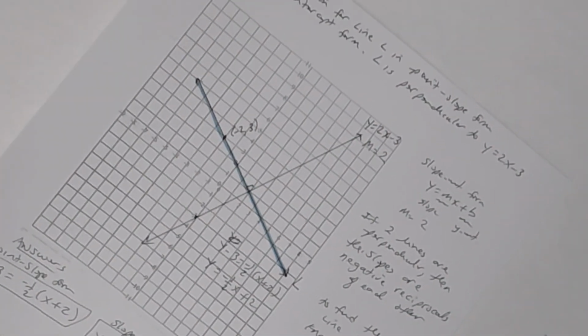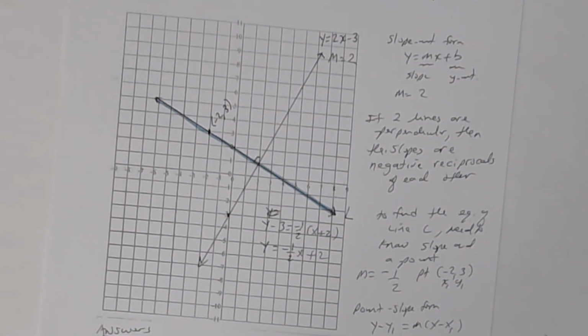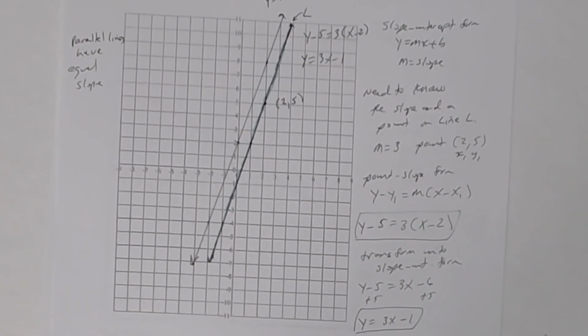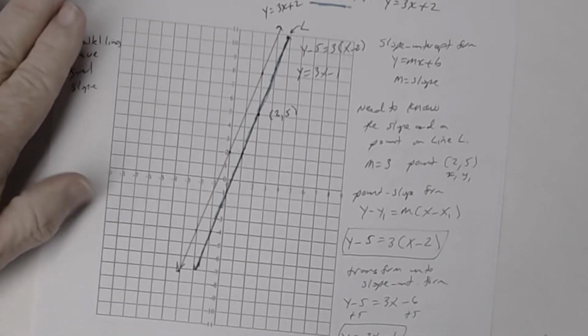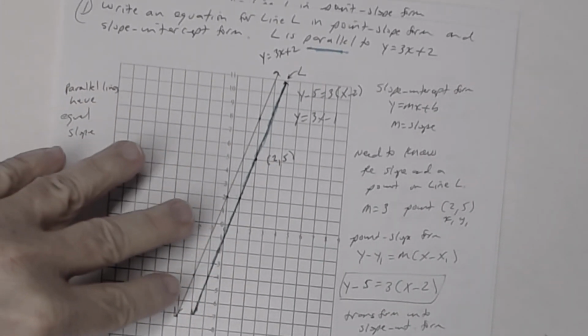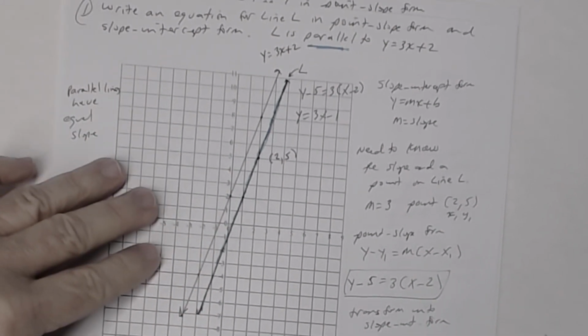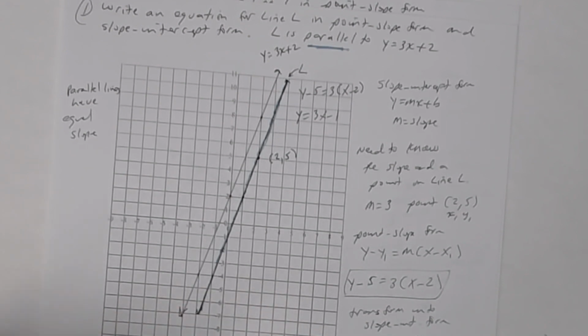Now let's take a look at number 3. Notice that in 1 and 2, you had the graph shown. Now, you can do these problems without the graph being shown. You don't need a visual representation of the problem to do the work and get the answer.